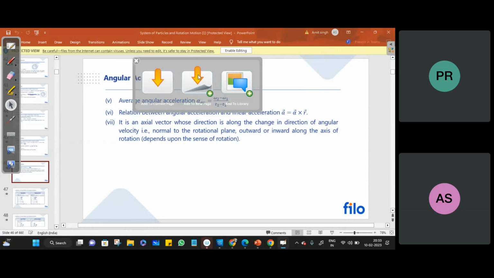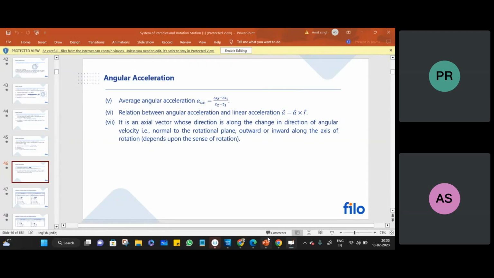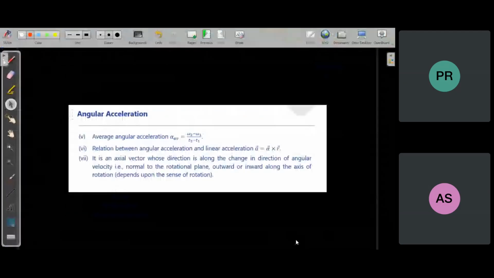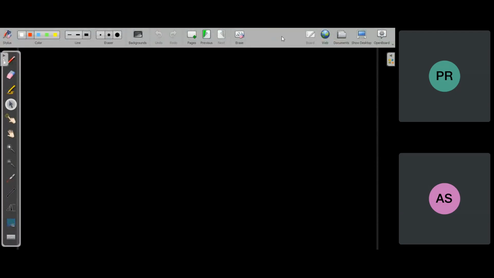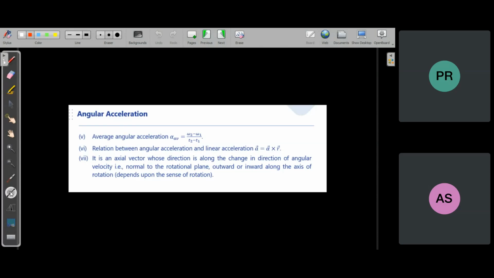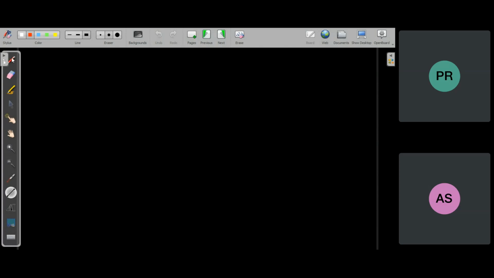Average angular acceleration is simply change in angular velocity upon time. Again, here you can see that there is a relationship between the linear acceleration of a particle and the angular acceleration of the body. But here you have to understand that when I say linear, there are two linear accelerations.